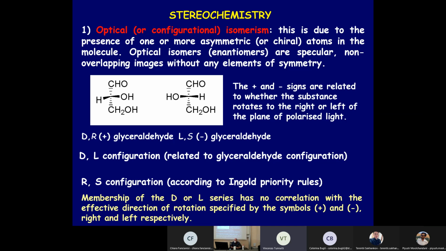But why is stereochemistry so important in medicinal chemistry? You have discussed a lot about the interaction of a compound with a target. Normally targets are enzymes or proteins, and all enzymes and all proteins are chiral. Why are they chiral?